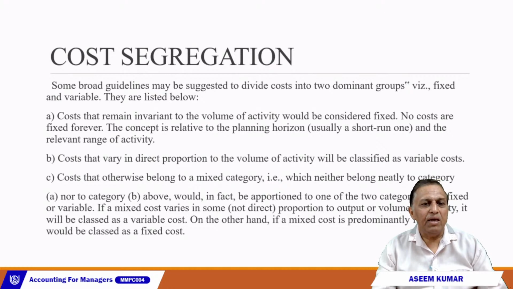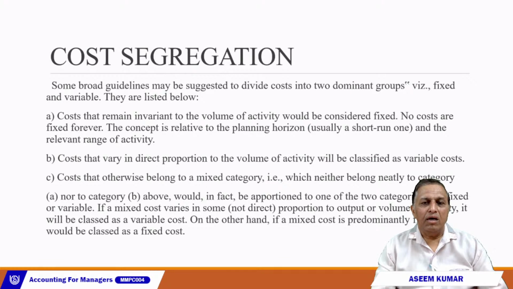Costs that remain invariant to the volume of activity would be considered fixed. No costs are fixed forever. The concept is relative to the planning horizon, usually a short run one, and the relevant range of activity.